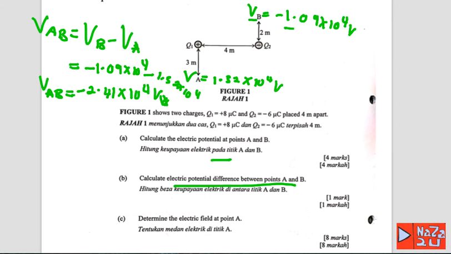Okay, continue to number C. This asks for the electric field at point A. So what is the electric field at point A here?